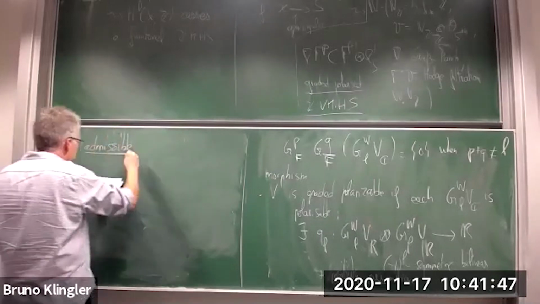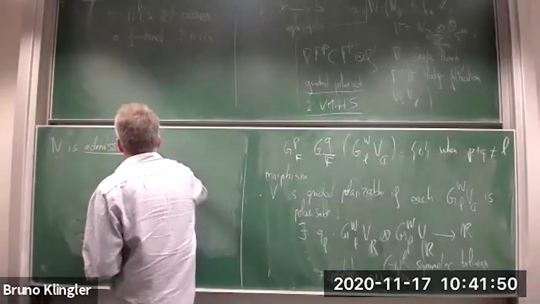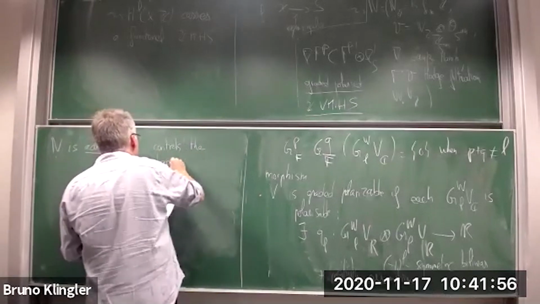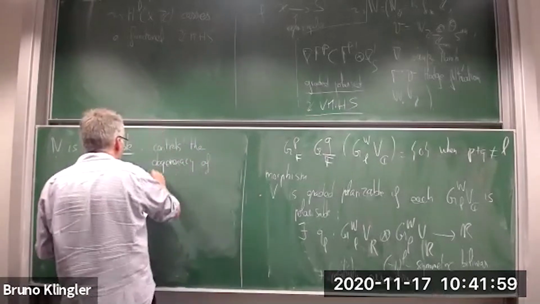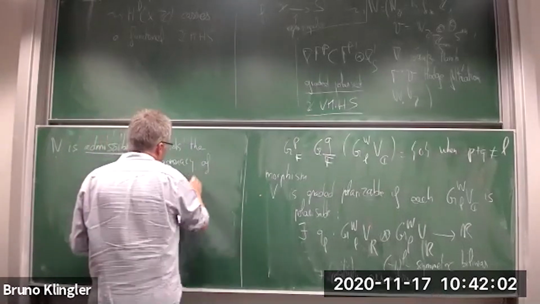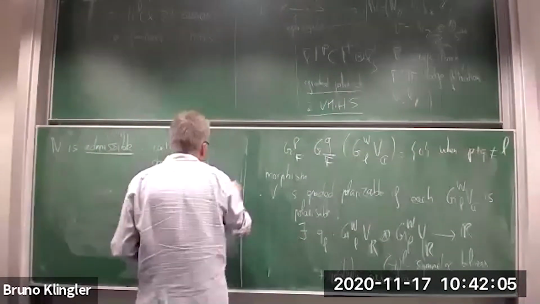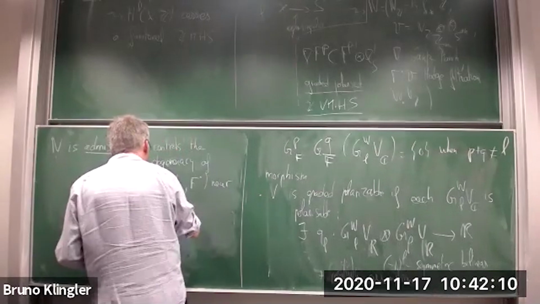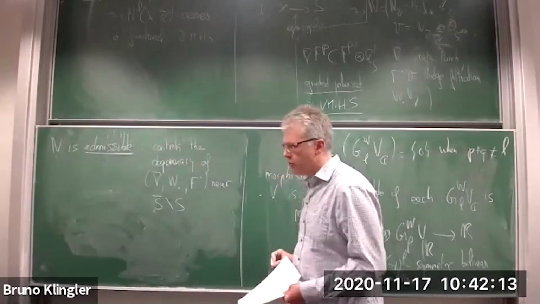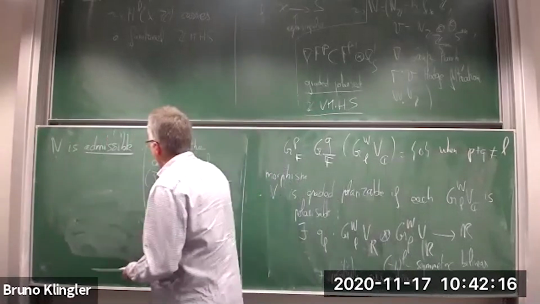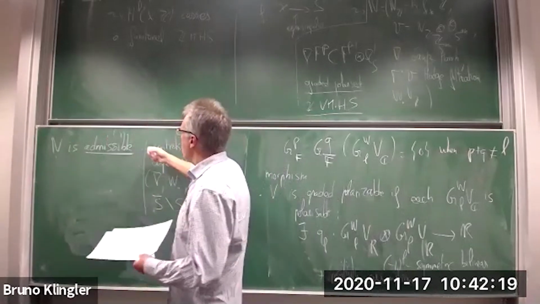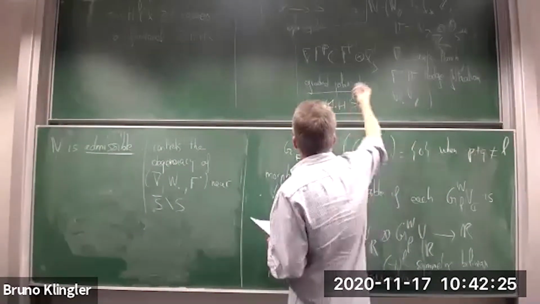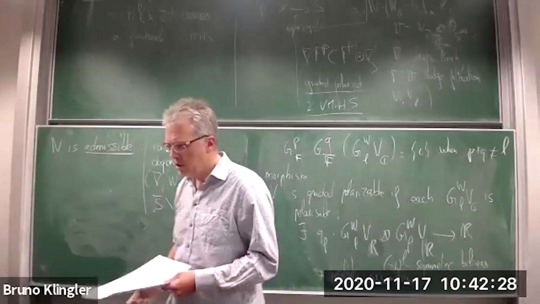I will not write the precise technical condition, but this controls the degeneracy of the triple nabla, W and F near, let's say you take a compactification and you look at what happens at the boundary. Just a remark is that this is an additional condition that you have to put on your general abstract gadget, variation of Hodge structure. In the geometric case, this is automatic, and this is also automatic in the pure case.